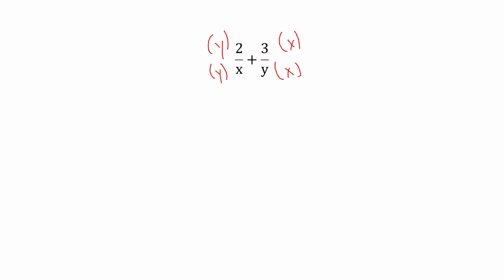When I multiply that to create my common denominator, I end up with 2y over xy plus 3x over xy. Now, the reality is this says yx. I could have written yx, but typically it wants it in alphabetical order, so I just put it in xy. The order doesn't really matter in multiplication, which is what I'm doing on the bottom.